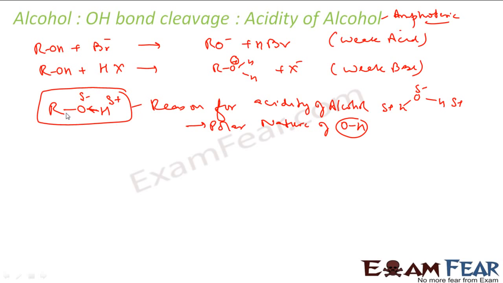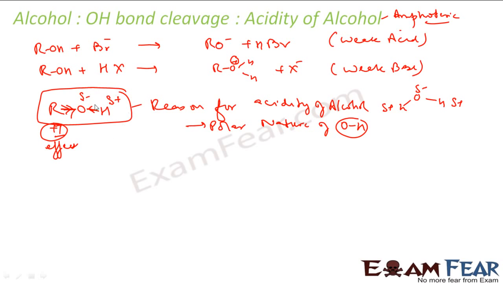Now what happens is, see, if I have an R group attached, the R group tries to give electrons because of the plus I effect, inductive effect. So now if R gives enough electrons to oxygen, oxygen will be more than happy, and it won't draw electrons from hydrogen. If it won't draw electrons from hydrogen, hydrogen will not develop positive charge.